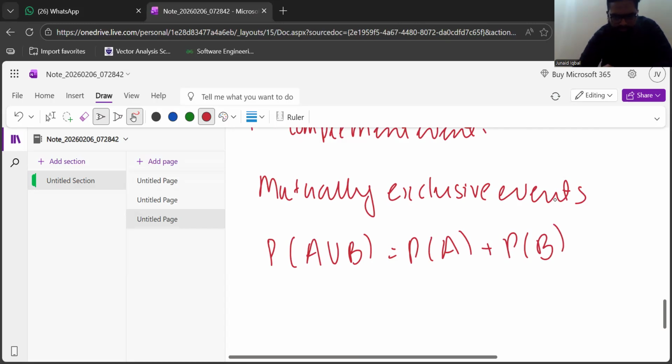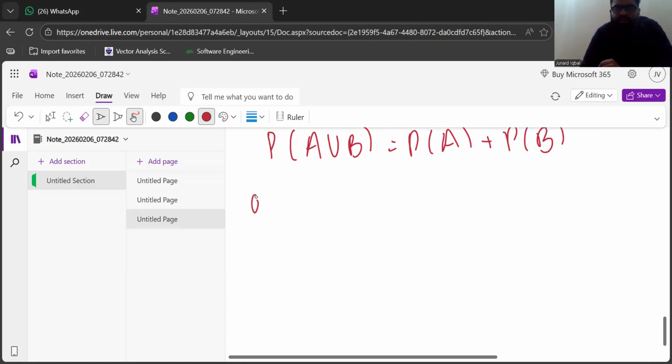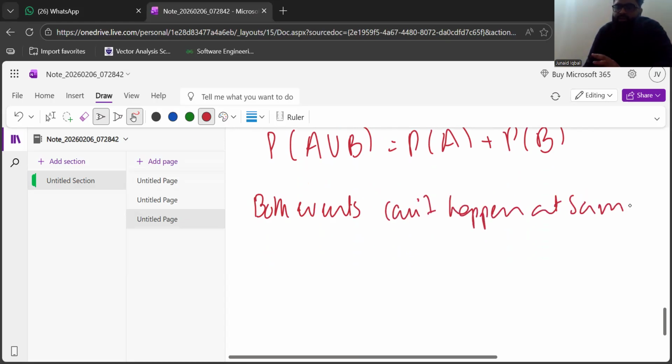It means both events can't happen at the same time. There has to be some different timing for both of them.